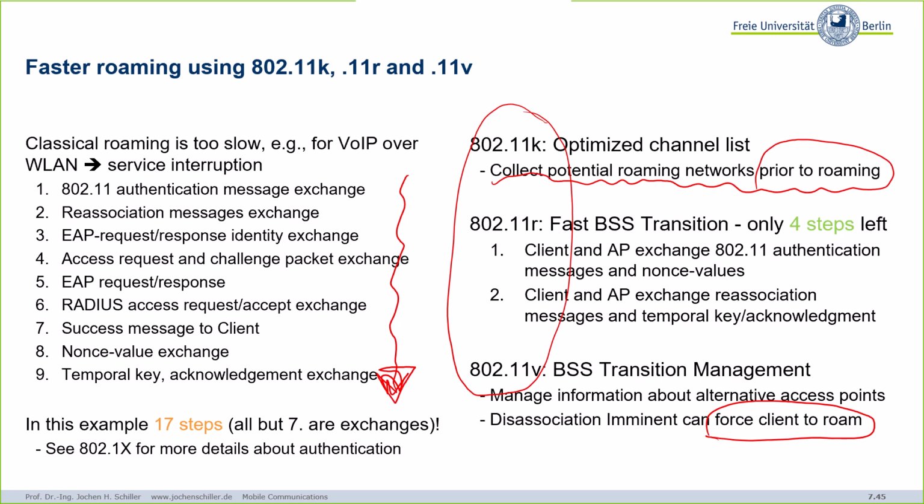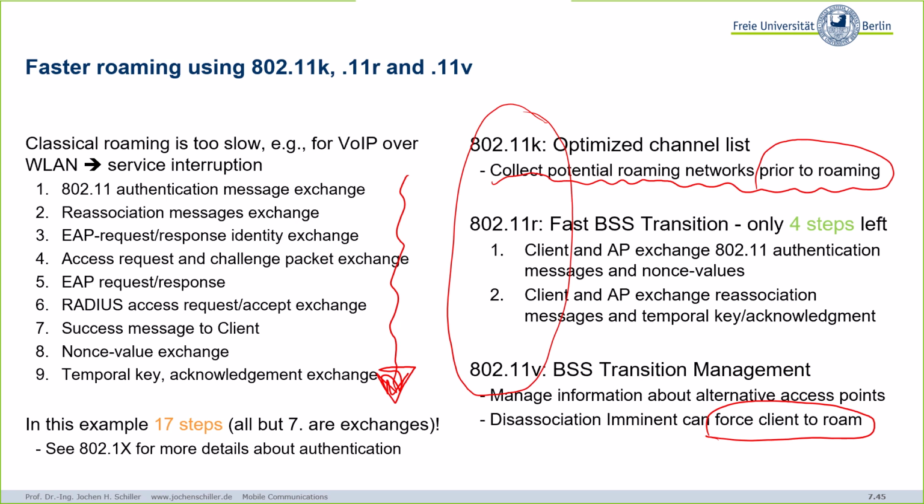So as soon as you see, well, this is a client close to me, for example, or the signal is stronger to another access point, but still there's a signal good enough to the old access point, the access points can force the client. So these are mechanisms that make the roaming kind of smoother, more seamless.